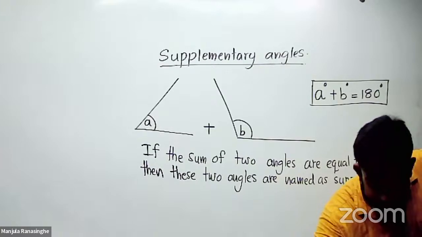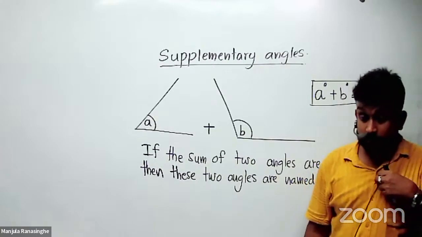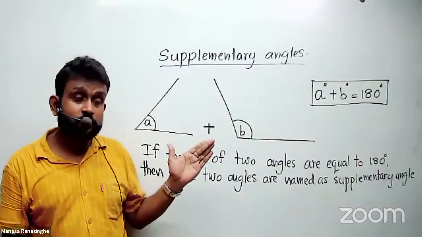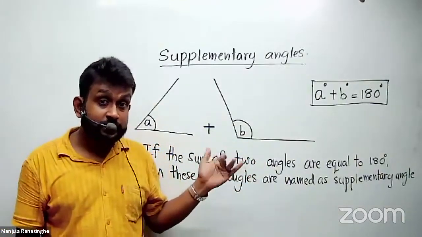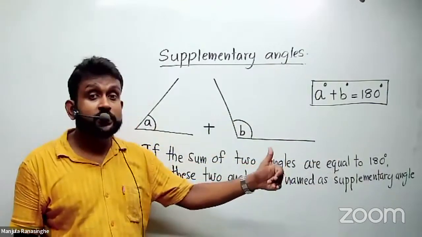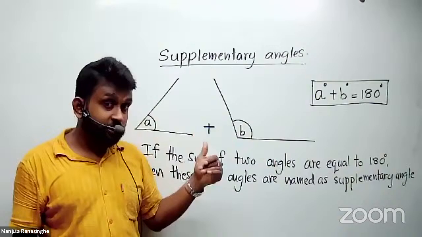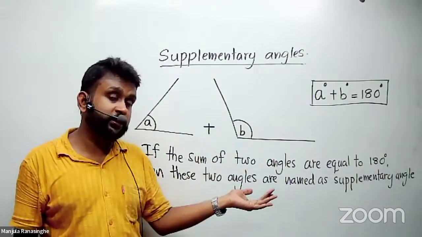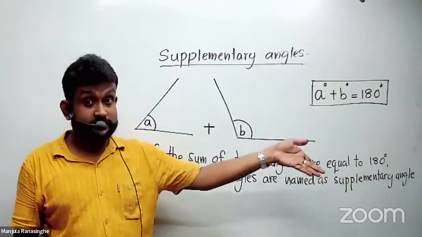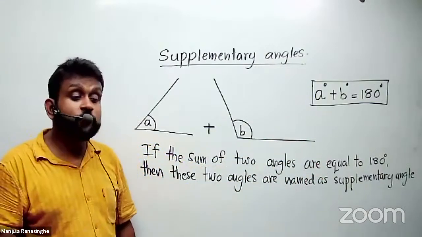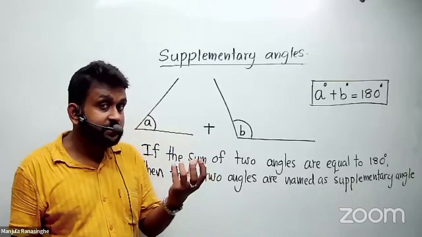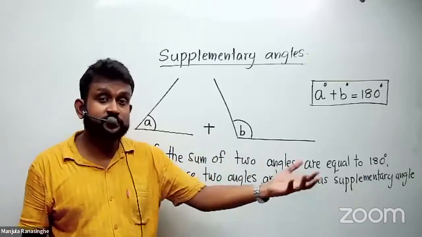Imagine if we have 40 degree, how do we get the complementary angle? 90 subtract 40. If we had 30 degree, 90 subtract 30. That's how you get 60. Similarly, if we have the value x, how do you get the complementary angle? 90 minus x.